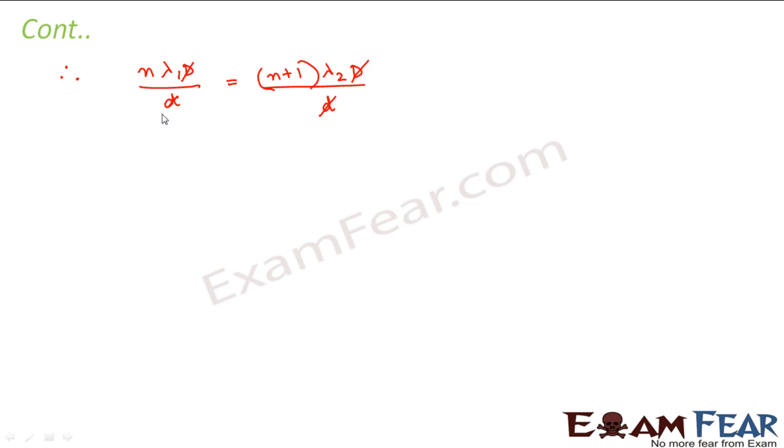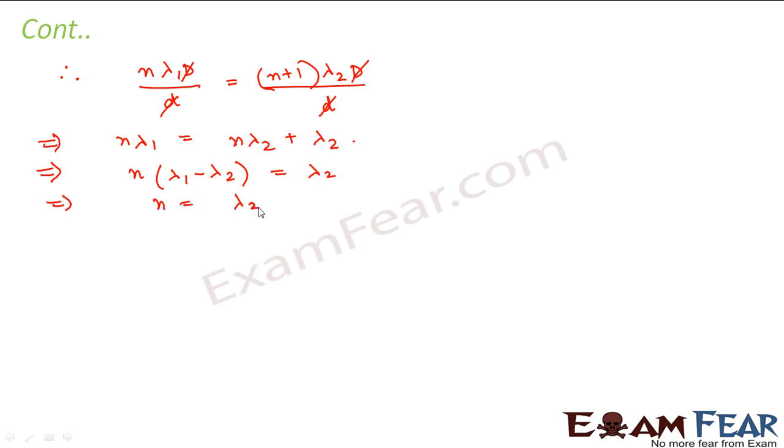So the d's will cancel. So we get n lambda 1 is equal to n lambda 2 plus lambda 2. So from this we can calculate the value of n. So this is n into lambda 1 minus lambda 2 is equal to lambda 2, or n is equal to lambda 2 divided by lambda 1 minus lambda 2.